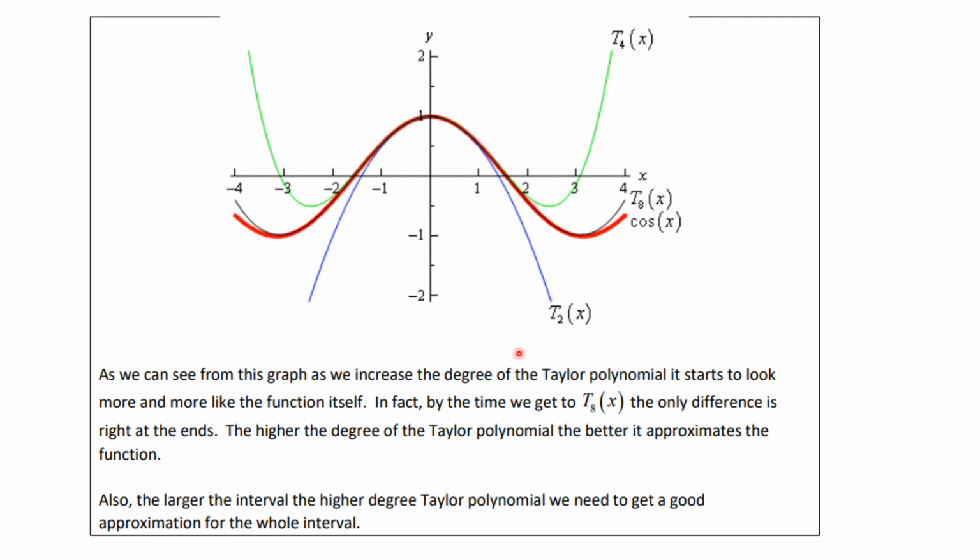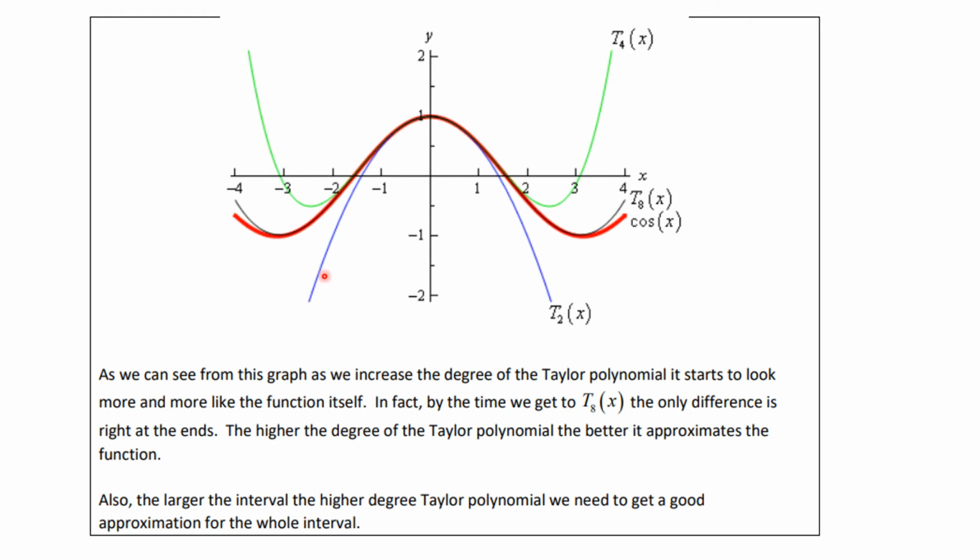T4 is shown in green, T2 is shown in blue, and T8 is shown in, I don't know if that's light blue, I don't know what that is, but that's T8. And so as you can see from these graphs, they actually do hug the function. They are very good approximations for the function, and the higher we get, as we go from 2 to 4 to 8, we get a better and better fit to the function.